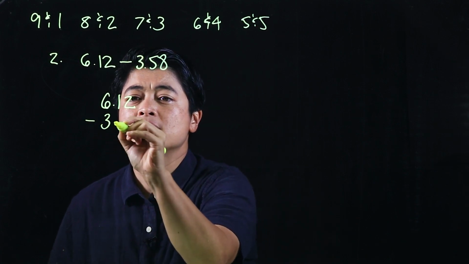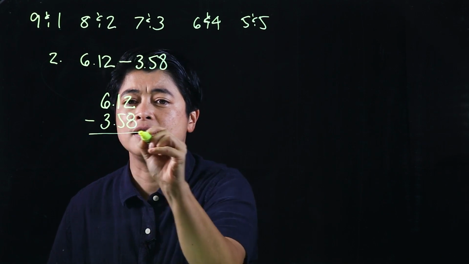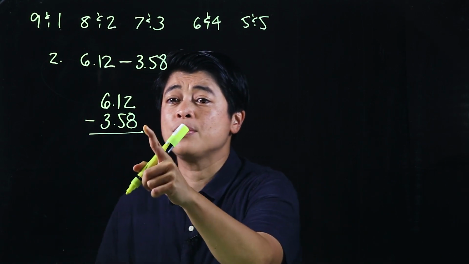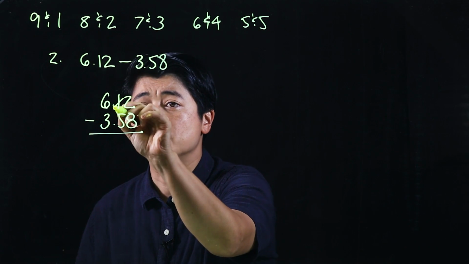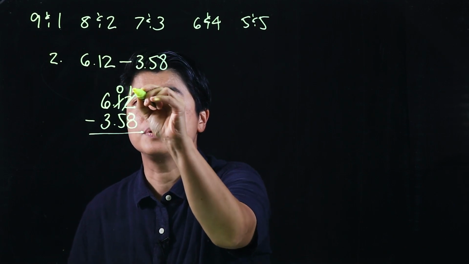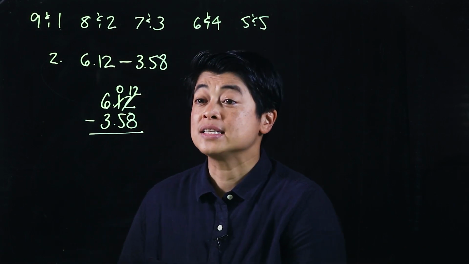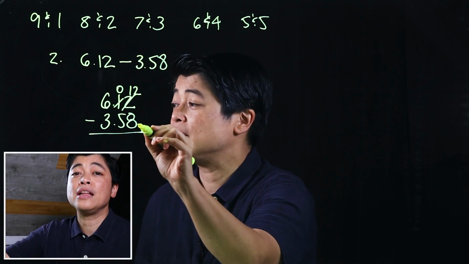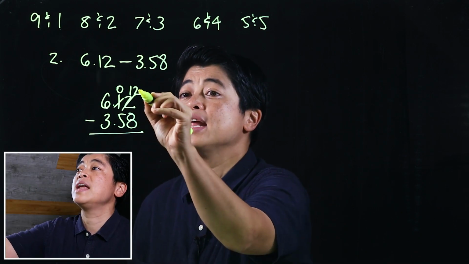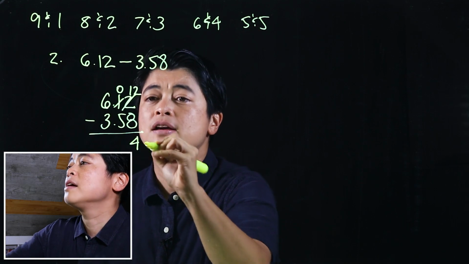6.12 minus 3.58. So we cannot take away 8 from 2. We need to borrow and regroup. Okay, so for consistency's sake, we start with an 8. We need 2 more to get to 10. We have an extra 2, making it 4.